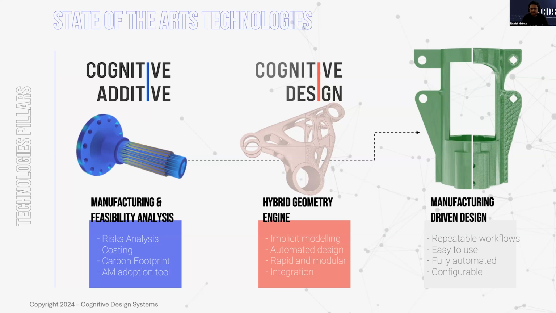And all this brings us to manufacturing-driven design, where we create repeatable workflows which are easy to use, fully automated and configurable. Some of these workflows are in Synera, and we can use them in tandem with other plugins such as Hexagon today, and we will show that in the demo.